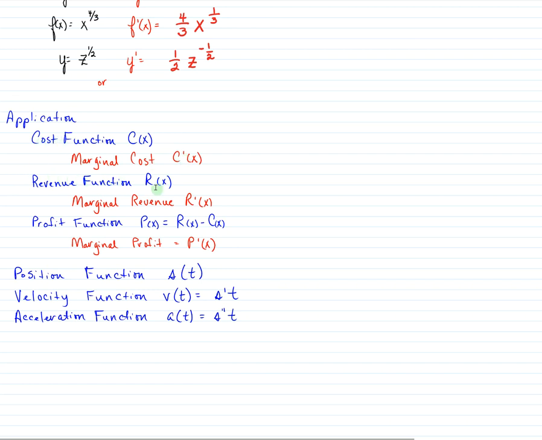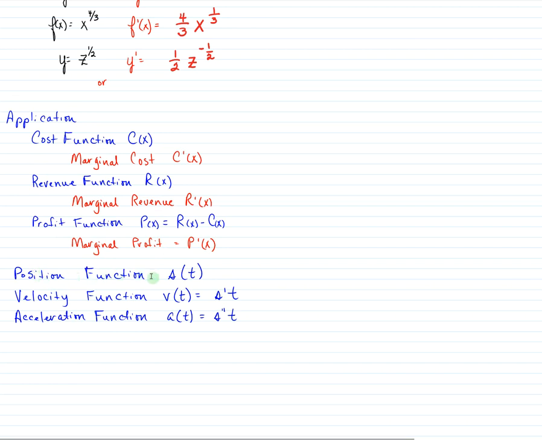If you're talking about the revenue function, marginal revenue is r prime of x. So you're taking the derivatives. Anytime you're talking about marginal, you're taking the derivative. The profit function would be revenue minus cost. That's how much profit you have. And so then marginal profit would be p prime of x. Now, I think we do encounter these in one of our problems at the end of our set.